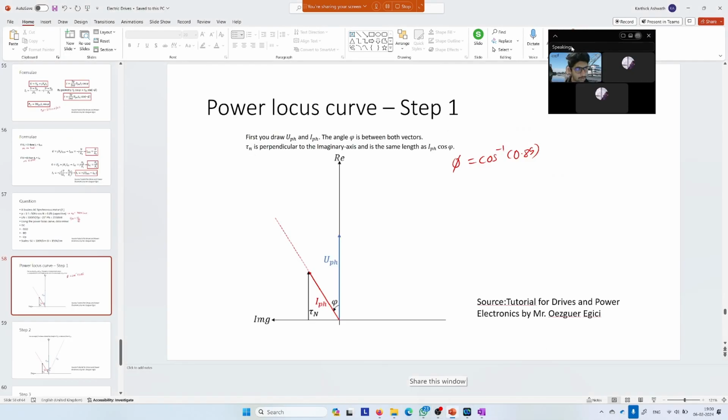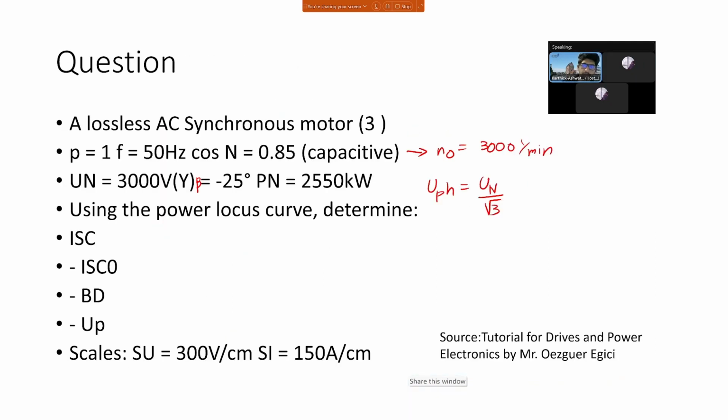Yes, through the means of power, exactly. So nominal power is given to us. Pn equals 3 times U phase times I phase cos phi. U phase we have calculated is U1 by root 3.